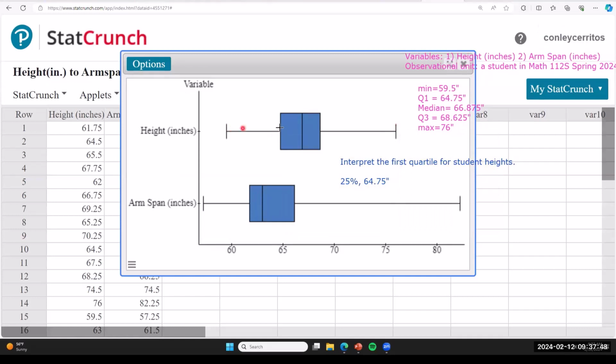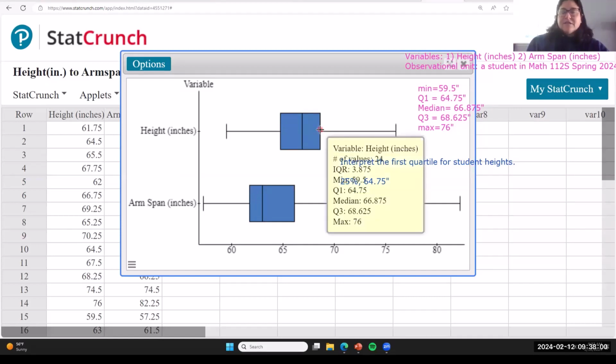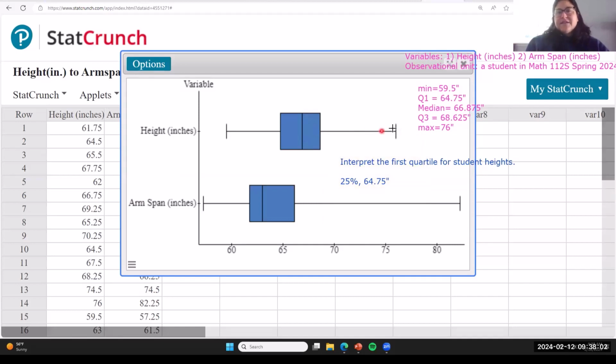Yeah, see how we've got only a quarter below. This right here is another quarter, where you go from the first quartile to the median. The median to the third quartile is another quarter. And each of these sections in the box plot is a quarter. So this is 1, 2, 3, 4 quarters total. So when you're at Q1, there's only a quarter below that value.